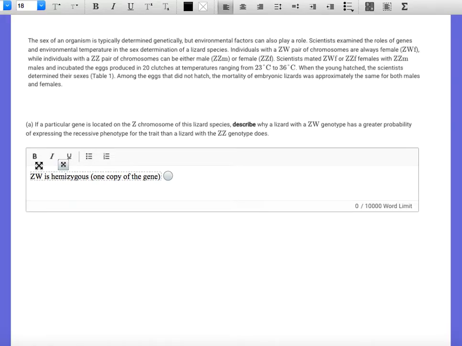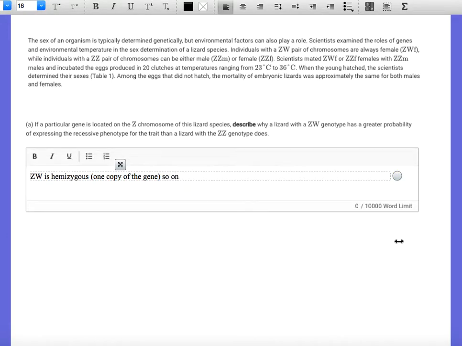So the idea is if this gene on the Z chromosome is recessive, then the organism shows the recessive phenotype because that's the only copy they have. Whereas a ZZ male or a ZZ female, doesn't really matter, would still have two copies of this allele. So even if one is recessive, the other one could be the dominant.